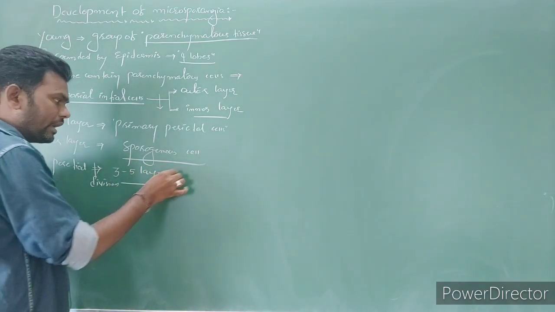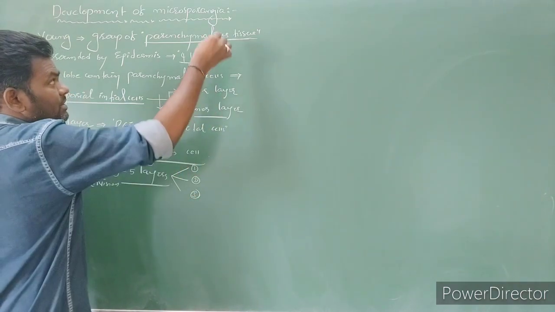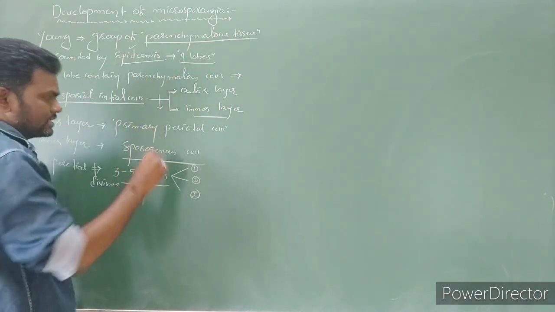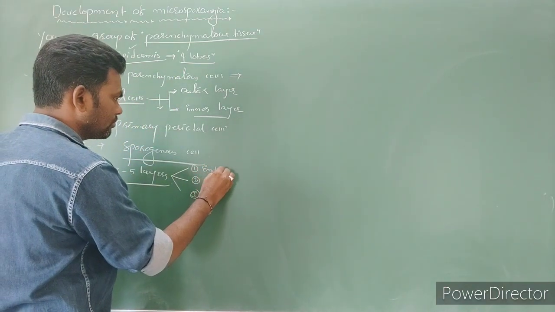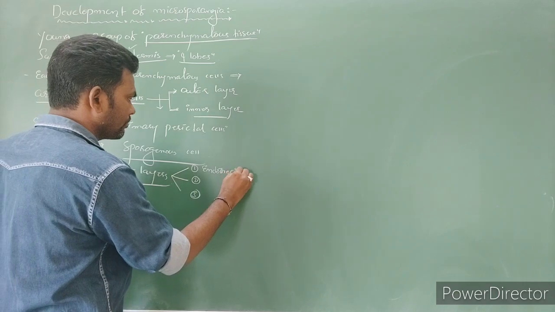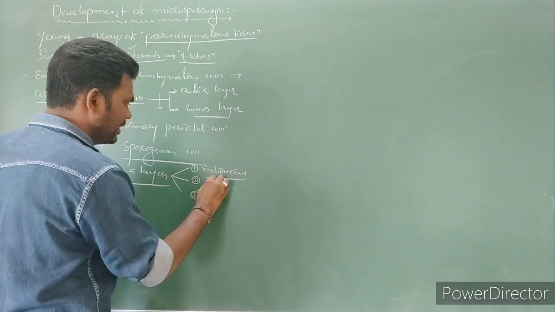Among these, the epidermis is already there. Next, below the epidermis is the endothecium. Next, the middle layers.